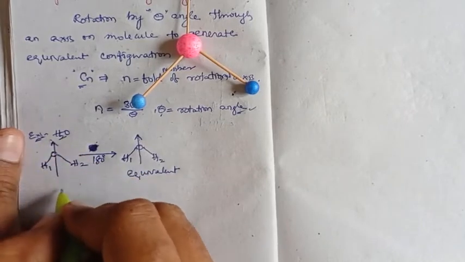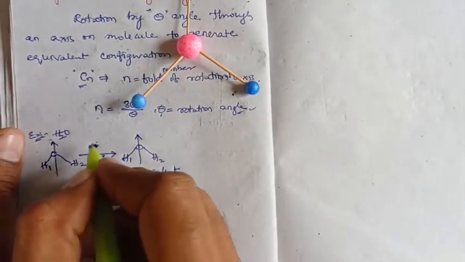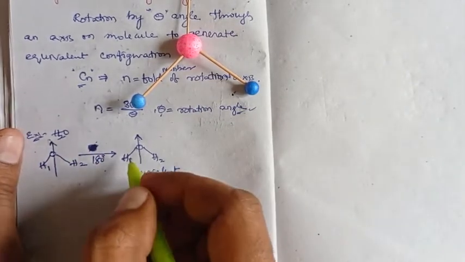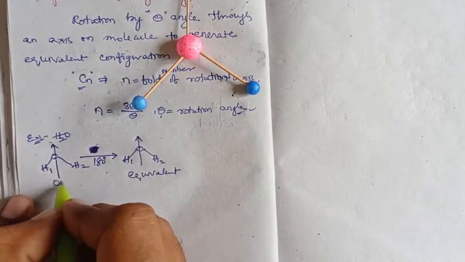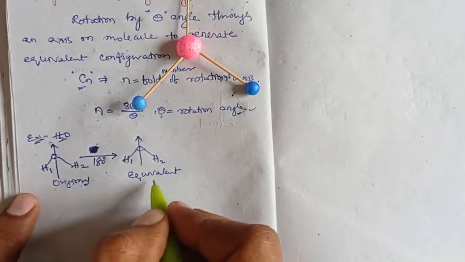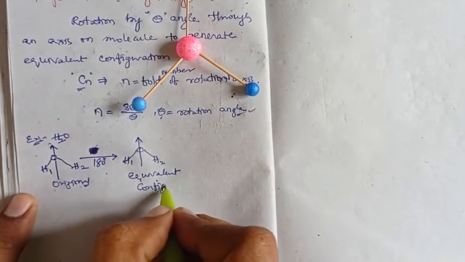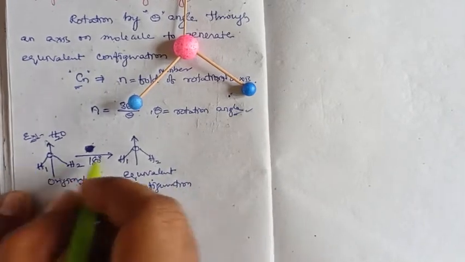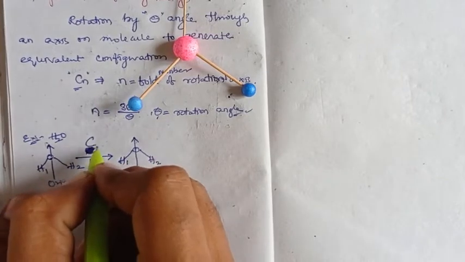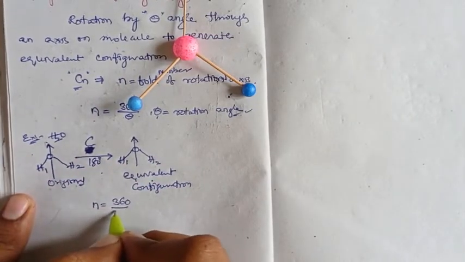Thus, since this rotation is possible and generates an equivalent configuration, we can say that the water molecule has a rotational axis of symmetry. This is called a rotational axis of symmetry, symbolized as Cn, where n is 360 divided by theta.